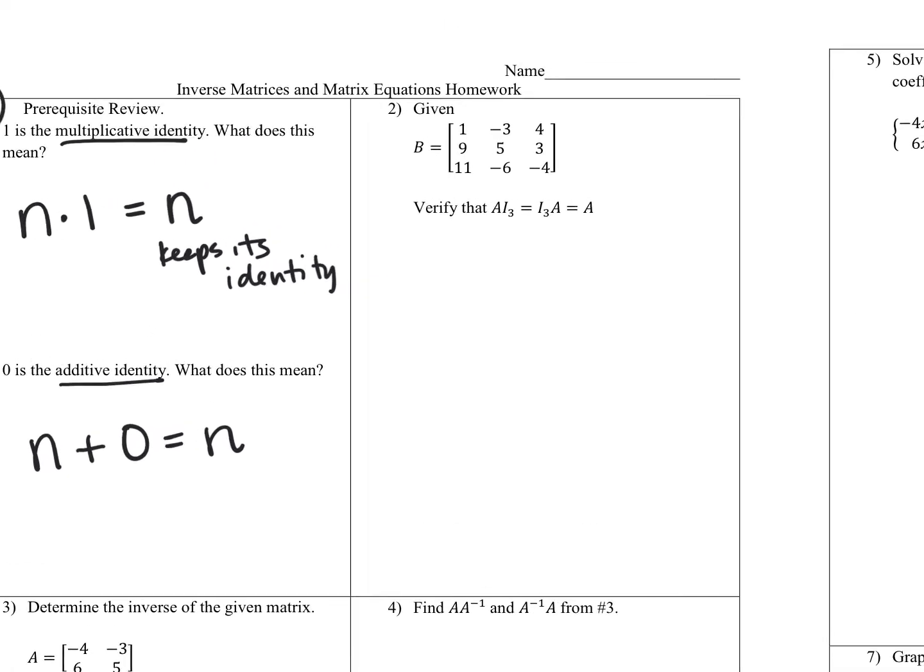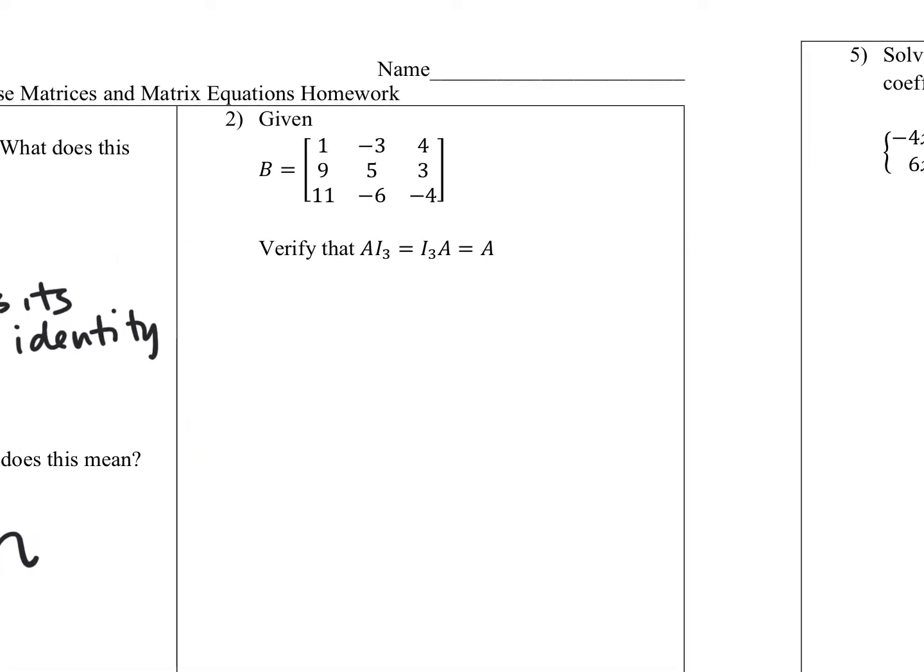All right, going over to number 2 here. It wants us to verify that AI3, remember I3 is the identity matrix for a 3 by 3. So that's 1s in the diagonals and then 0s above and below. And so what we need to check is that if we multiply that, again, you need to make sure you multiply it on both the right and the left, we should get A back.